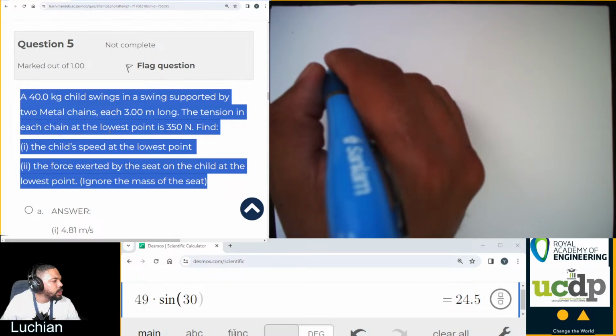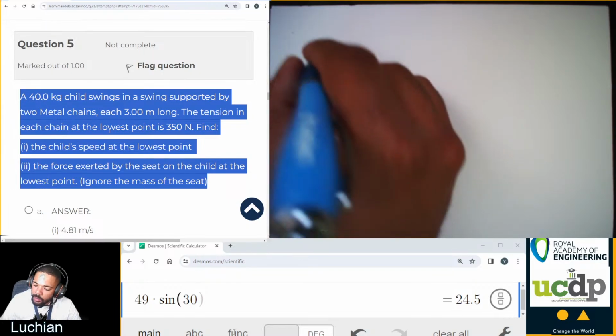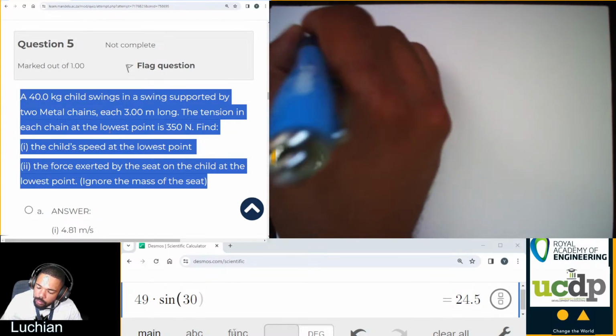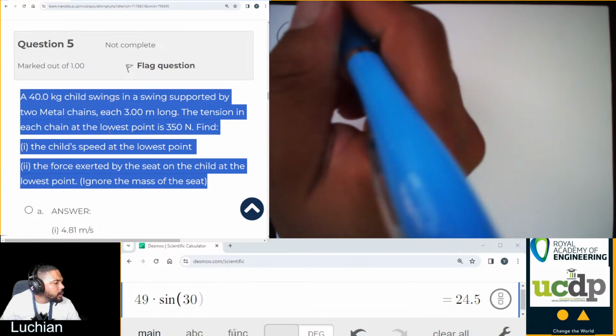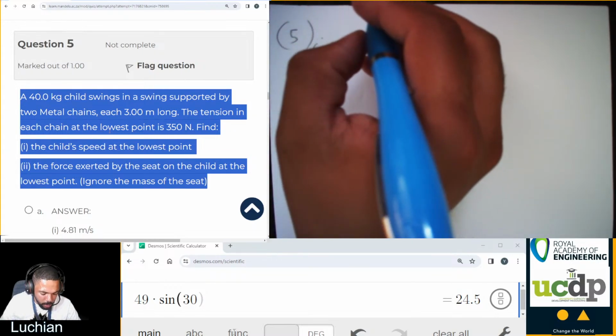The tension in each chain at the lowest point is 350 newtons. Find A, number 1: find the child's speed at the lowest point.